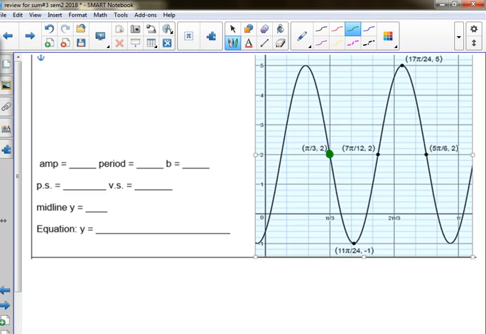If I start here, which I don't have to, it finishes 1 cycle here. So how do I find the period? Yes, I subtract. It started here and finished here. So the distance from 5 pi over 6 back to pi over 3 is the period. How long did it take to go from there to there?